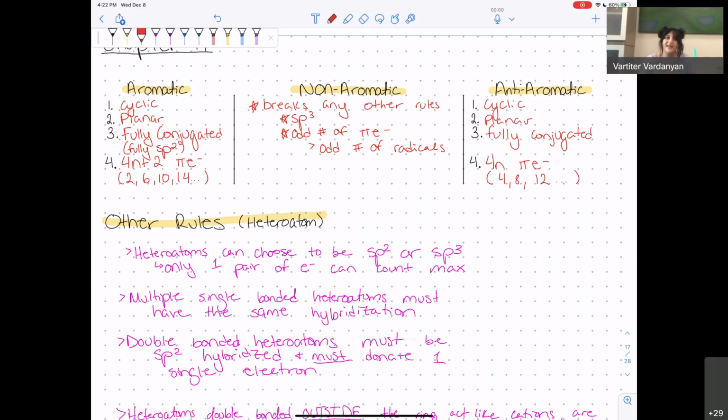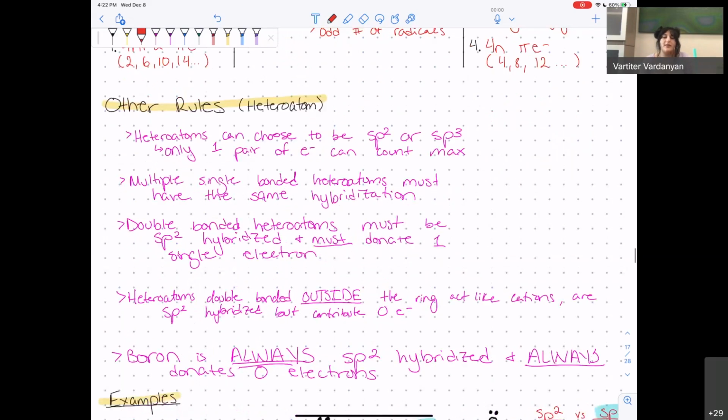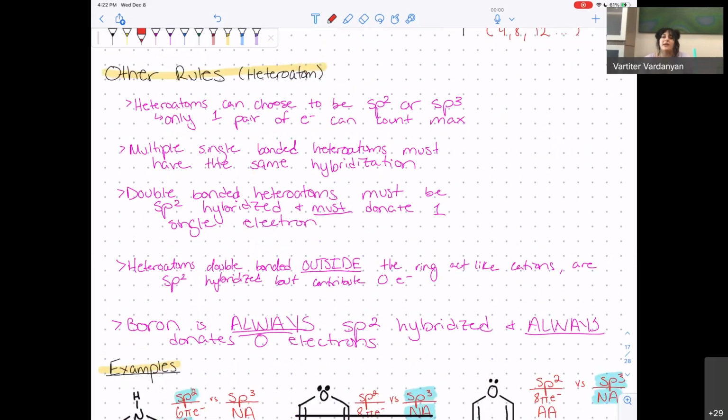To be non-aromatic, it has to break any of the rules, aka being sp3, having an odd number of electrons, not being planar, etc. Those rules are pretty straightforward. The complicated stuff is when we get into the heteroatom rules. Heteroatoms can choose to be sp2 or sp3. If you have multiple single bonded heteroatoms, they have to have the same hybridization.